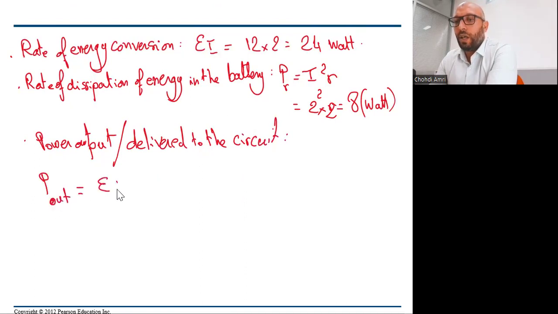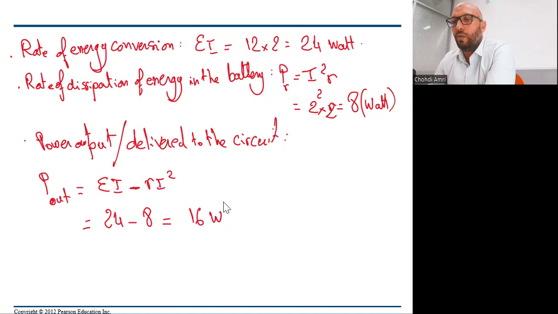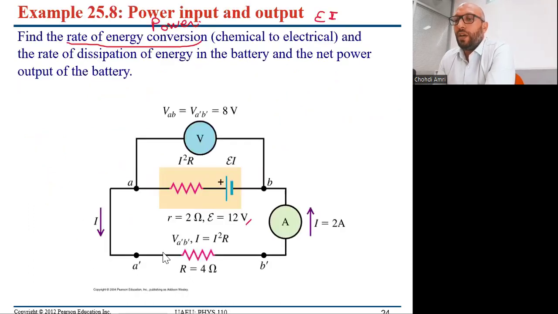It will be epsilon I minus the power dissipated in the internal resistance. So it's equivalent to 24 minus 8, which is 16 watts. So 16 watts is delivered to the circuit. So if I ask another question, what is the power delivered or dissipated by the external resistance? It will be 16. Good, we are done.